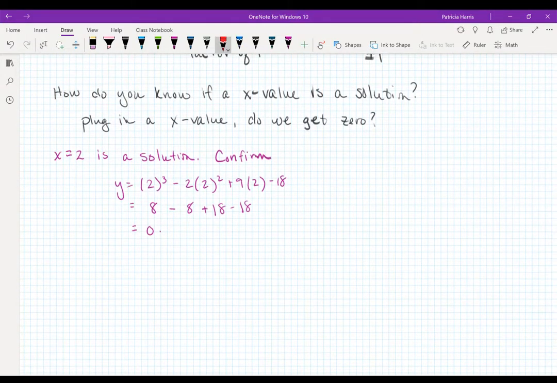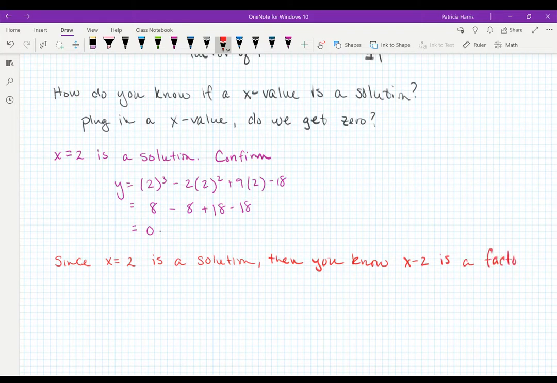Okay, now here's where it gets a little weird. Or not a little weird. If you know that x equals 2 is a solution, then you know x minus 2 is a factor.